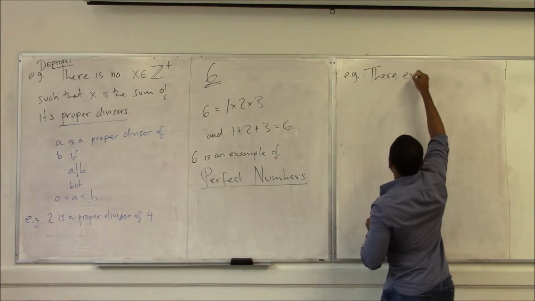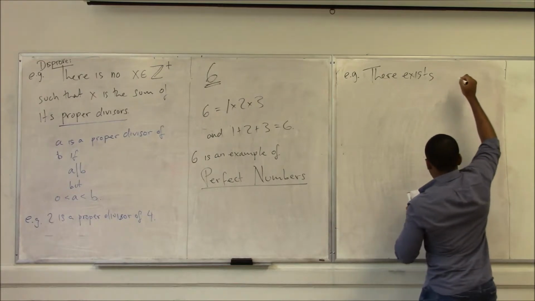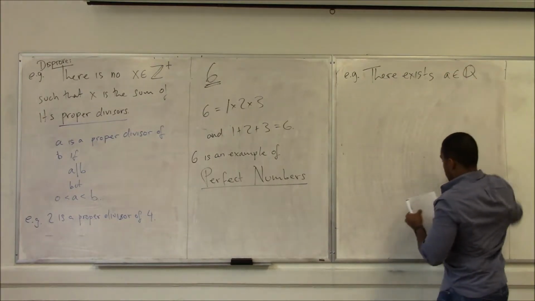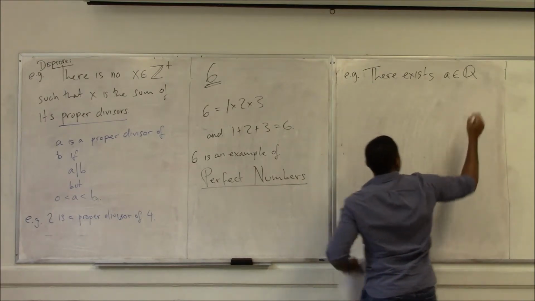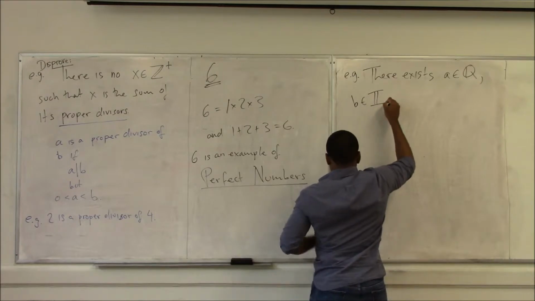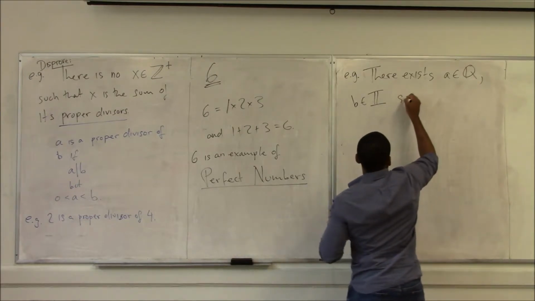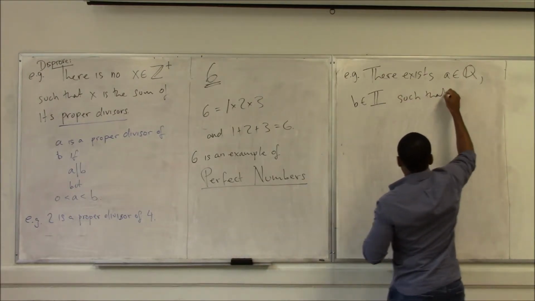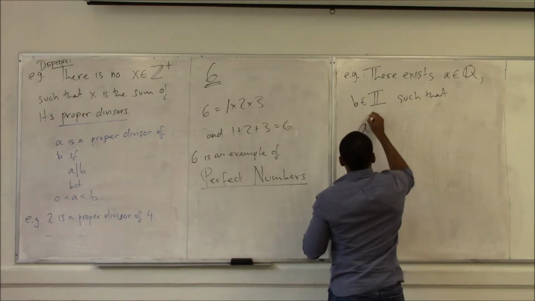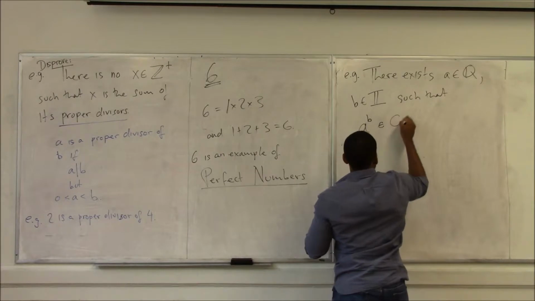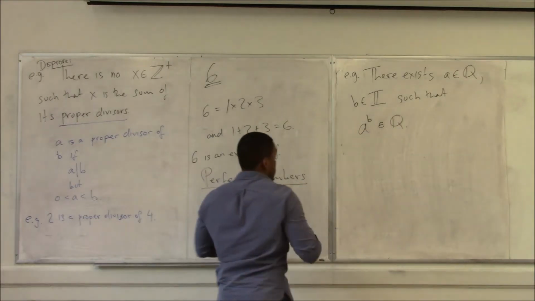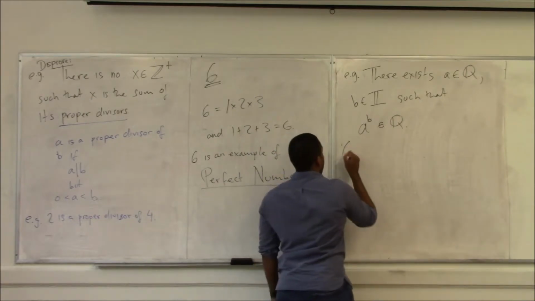Now I'm going to claim that there exists a in Q and b in I such that a raised to the b is in Q. In fact, I don't think I defined that before.